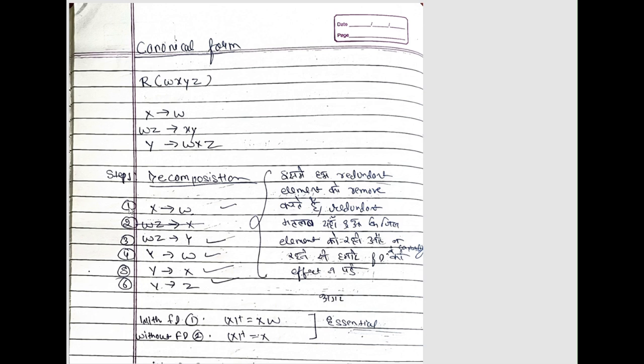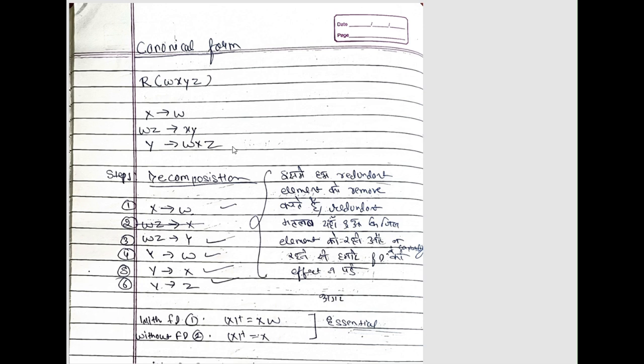In functional dependency 1, X derives W, in the left hand side there is one element, and of course in the right hand side there is also one element. So here no case of duplicacy will arise in future. In the second functional dependency we have WZ, and it derives X and Y. So WZ together derives XY.